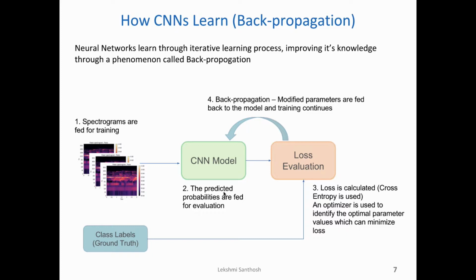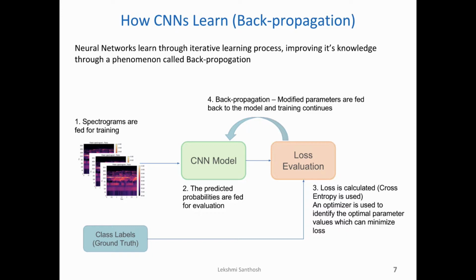Now, convolutional neural networks learn through a technique called backpropagation. What that means is, when it is presented with the training data for the first time, it has no clue how to estimate the weights or the bias.